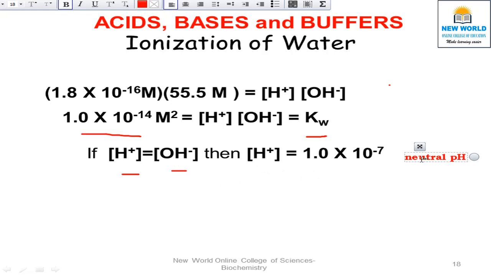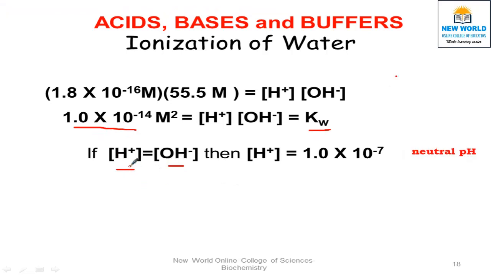Because the concentrations of hydrogen and hydroxide are equal, we can easily calculate the concentration of hydrogen and hydroxide ion from here. Kw equals the concentration of hydrogen ion times the concentration of hydroxide ion. So it's going to be the concentration of hydrogen ion squared, because both are equal. So the hydrogen ion concentration is going to be the square root of Kw.